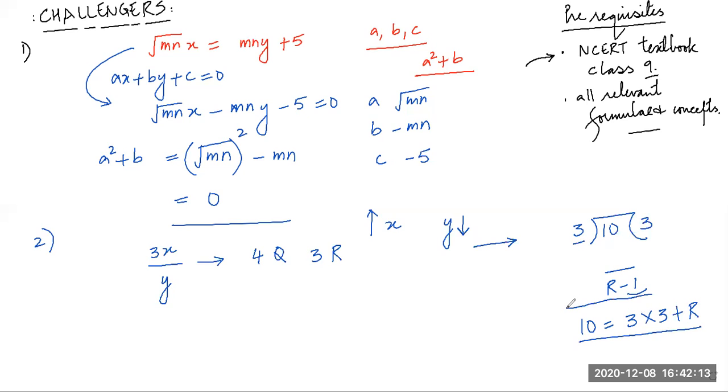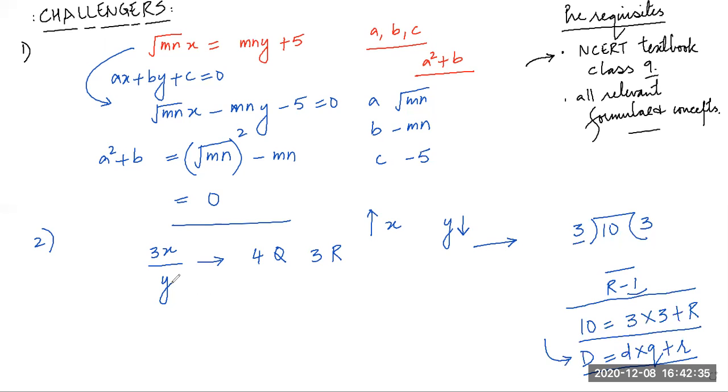Like we can remember the fundamental theorem of arithmetic, or we can say the dividend D is equal to divisor into quotient plus remainder. So now I can take the help of this and formulate this.